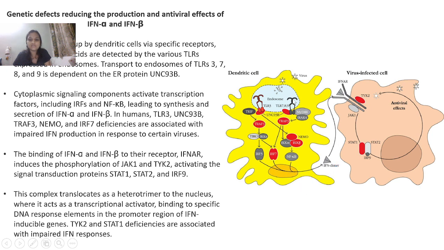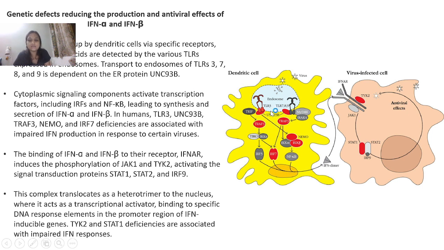Different kinds of TLRs are present in the endosome, and the transport of TLRs 3, 7, 8, and 9 to the endosomes is dependent on the ER protein UNC93B.